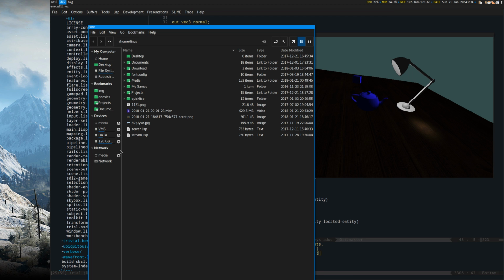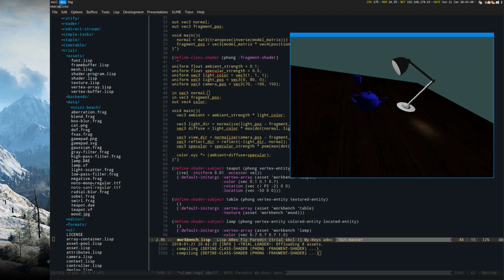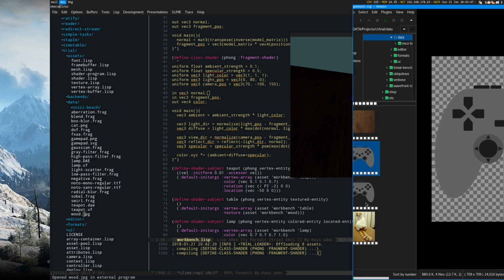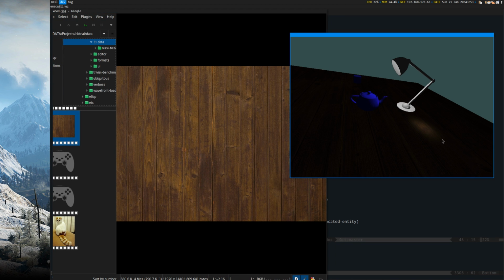Let me look at that texture real quick. Wood. No, it isn't that dim. Why? So weird.